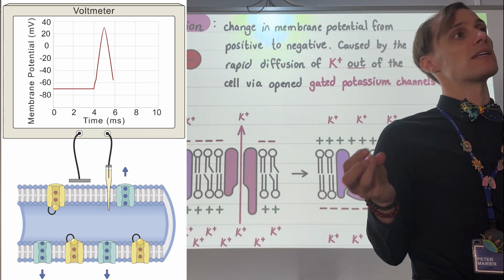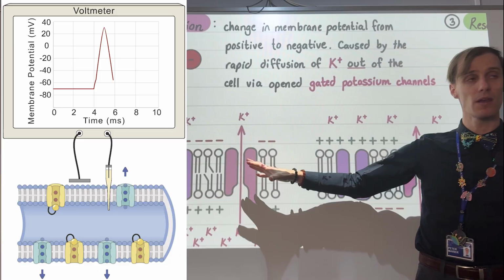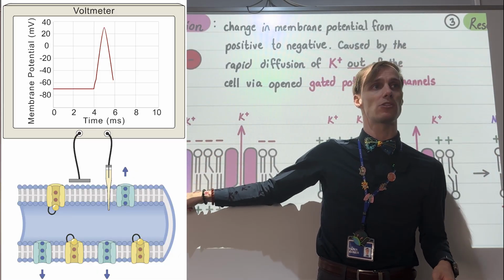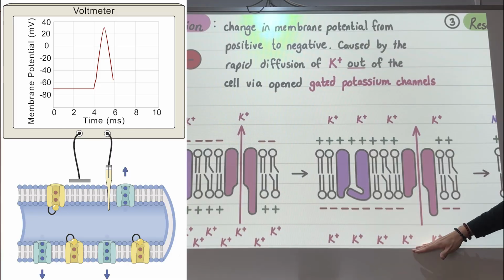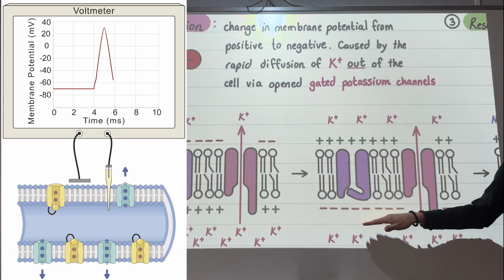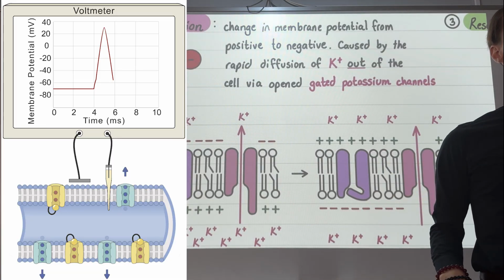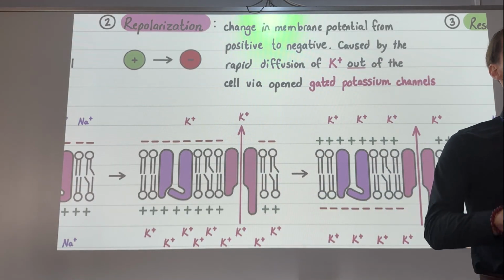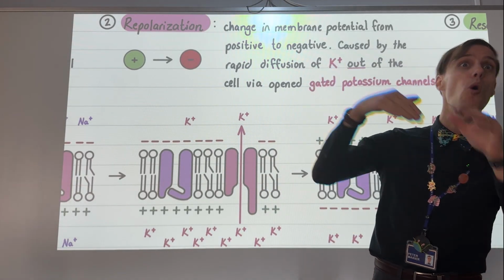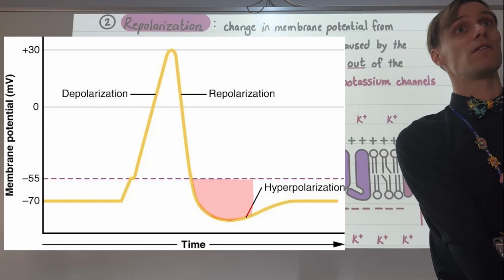But now when the inside is positive, these gates open, and notice now that these sodium gates are now going to be closed. So all of the potassium is now going to rush out, and we're now going to become much more negative. In fact, this happens so much that you're actually going to get to a point that you're even more negative than what you should have been at rest.